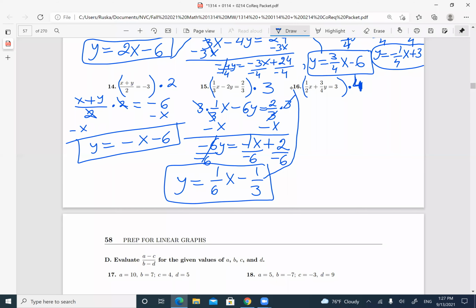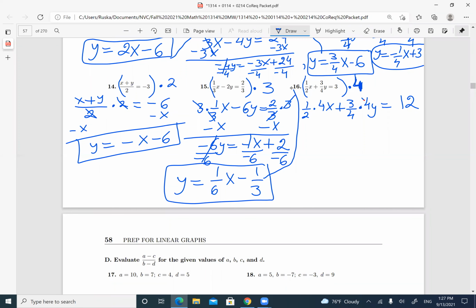So I'm going to multiply by 4. So I have 1/2 times 4, and there is an x also, plus 3 over 4 times 4, and there is a y, equals 3 times 4 is 12. Don't forget you're multiplying both sides.